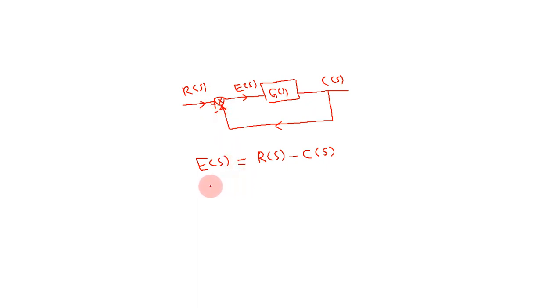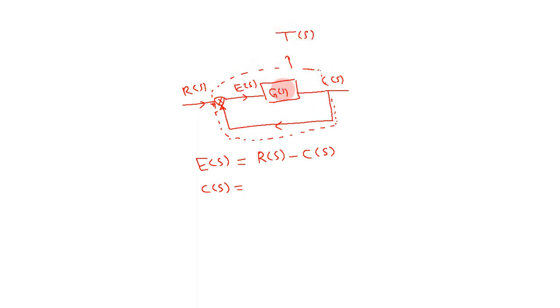But the value of C(s) actually represents the output of our system. And when we say the value of output, that means it will consider the whole system. And this gives you the transfer function, which is T(s).